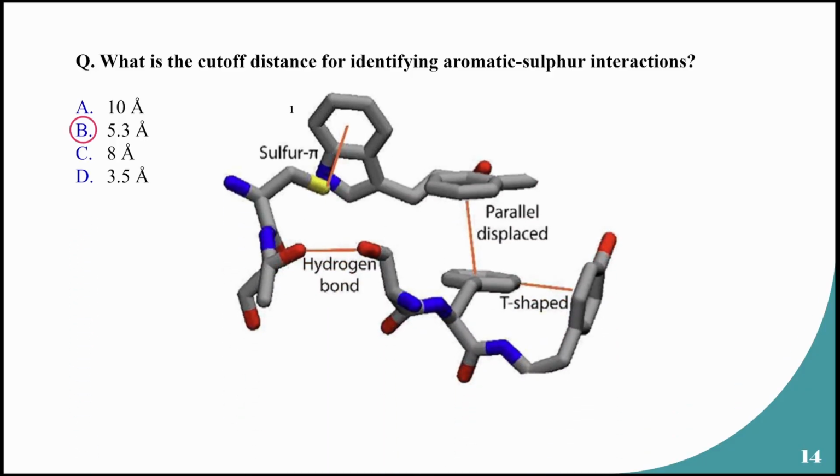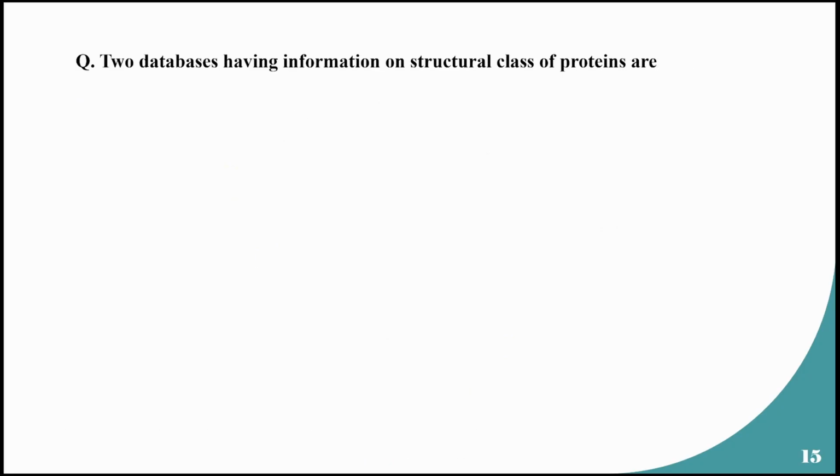So in this particular case, remember that for aromatic sulfur, or sulfur pi interaction, you will have a cutoff distance of 5.3 angstrom, which is quite large compared to the hydrogen bonding cutoff distance. But that is the cutoff distance generally used in a lot of cases.